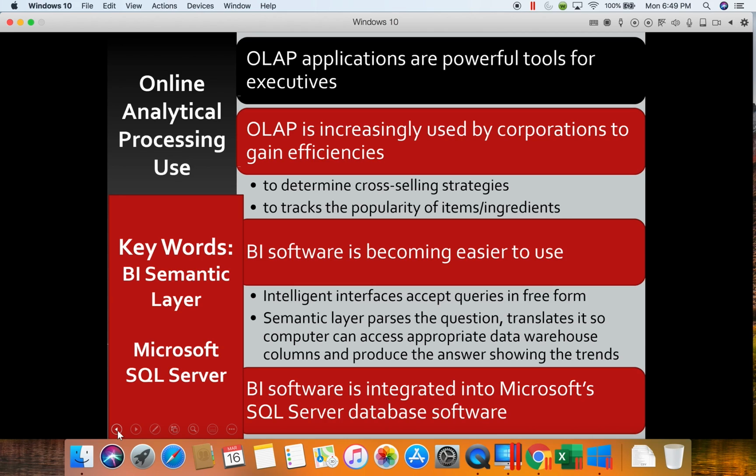The BI semantic layer is a part of the application that parses out the question that you ask and translates it into instructions for the computer to access the appropriate data and produce the answer, usually showing charts and trends.